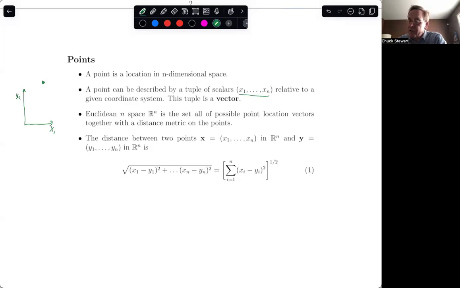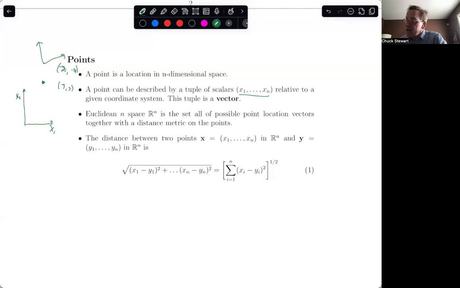And if I had a different coordinate system up here, it might have the coordinates, I'm making this up, -2, -4. So this same point can be described with different coordinates depending on the coordinate system, but it's actually the same point.